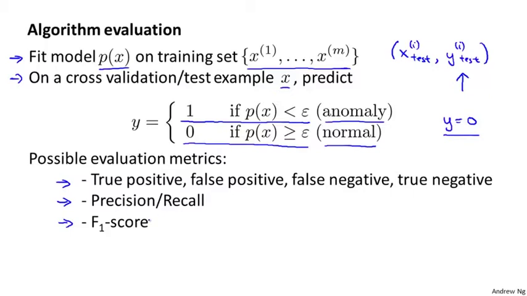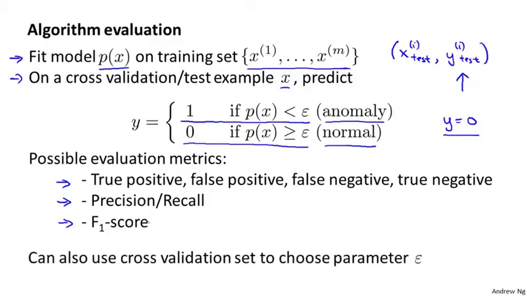Finally, earlier in the anomaly detection algorithm, we also had this parameter epsilon, the threshold we use to decide when to flag something as an anomaly. If you have a cross-validation set, one way to choose epsilon would be to try many different values of epsilon and then pick the value that, say, maximizes the F1 score, or that otherwise does well on your cross-validation set.